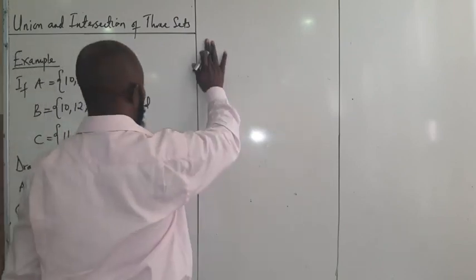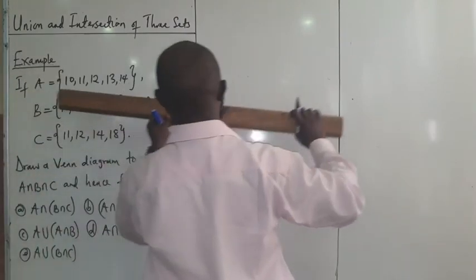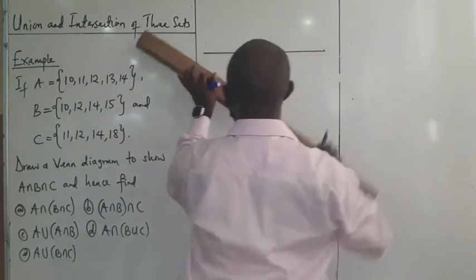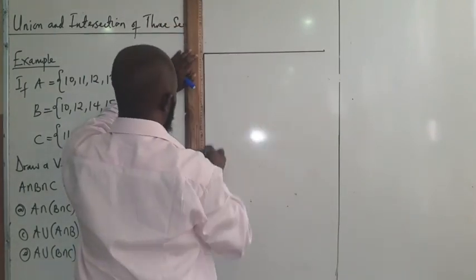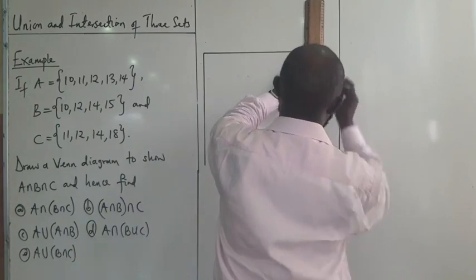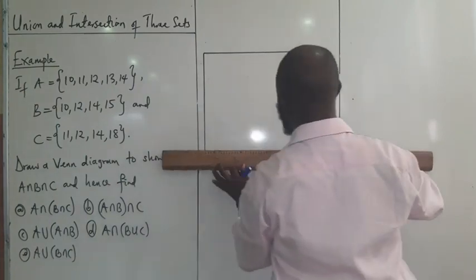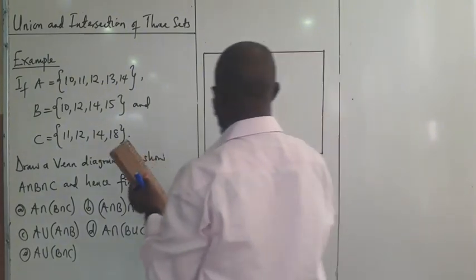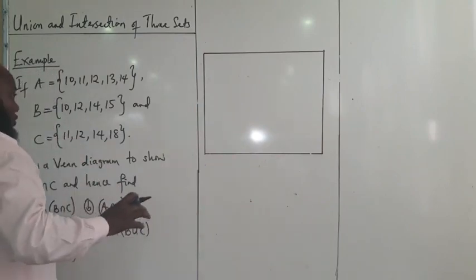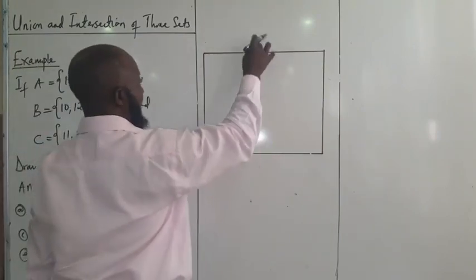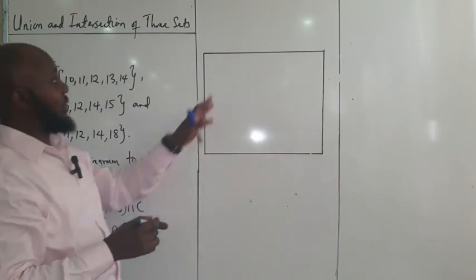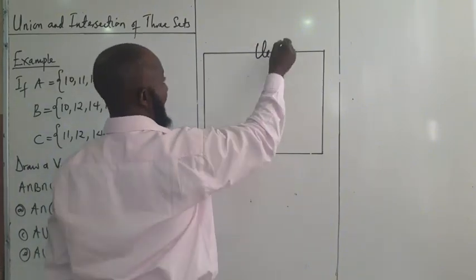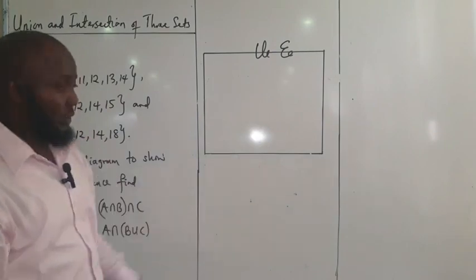If you draw a Venn diagram, take your ruler. The first thing is to draw a rectangle. We have three sets, and the rectangle, as I've explained earlier, represents the universal set.